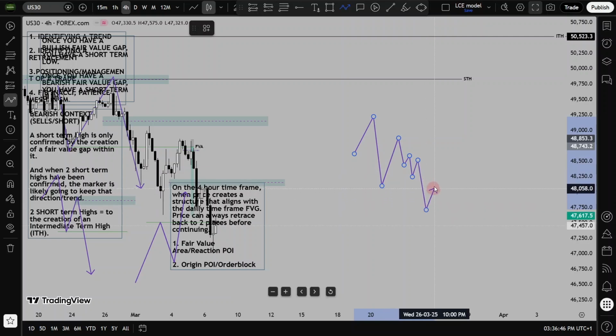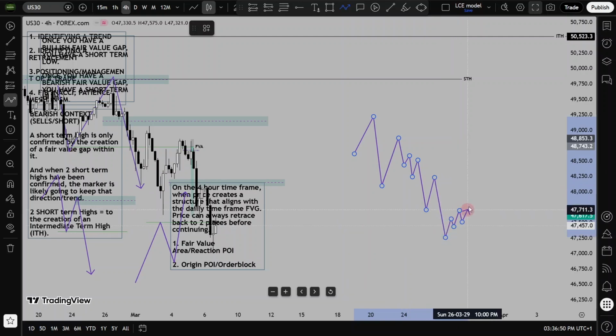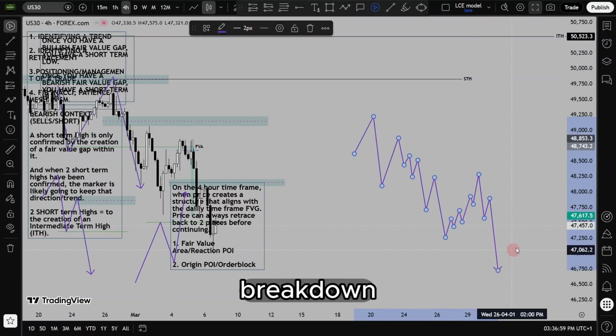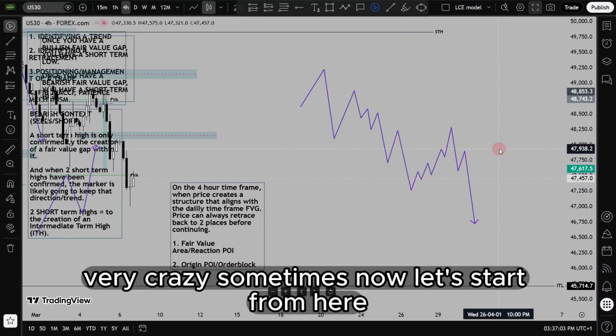Break down, up, down, up, break down. All right, these are the market moves. Very crazy sometimes.